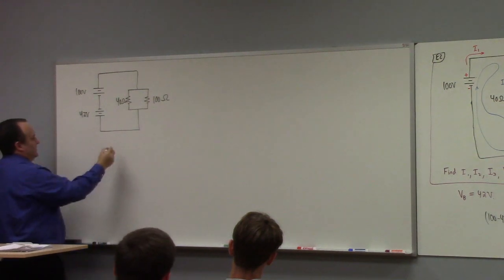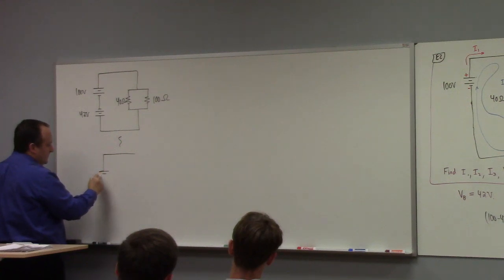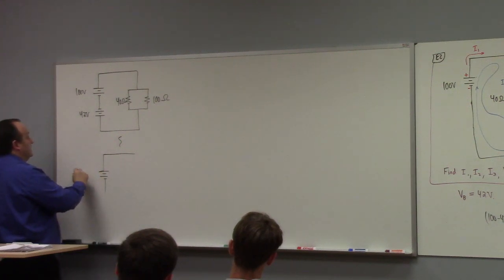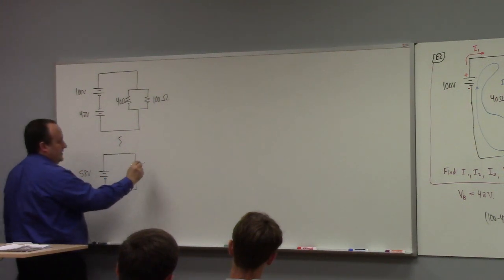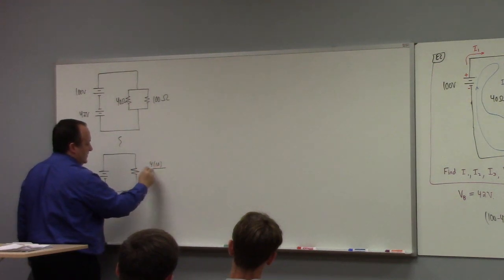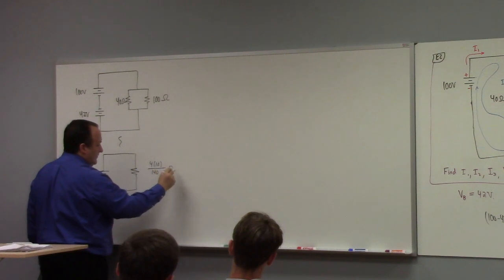So the way I'd solve this would just be to go, okay, now that we've learned our lesson, we could think about that as a 58 volt source, and this would be 4 times 100 over 140 ohm equivalent resistance.